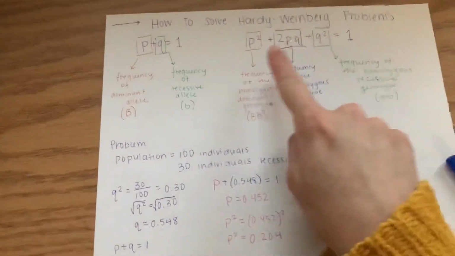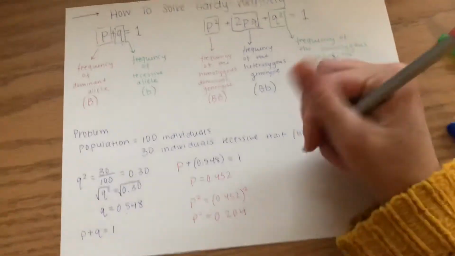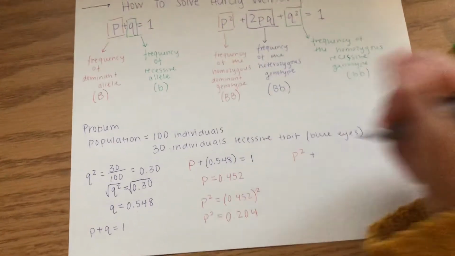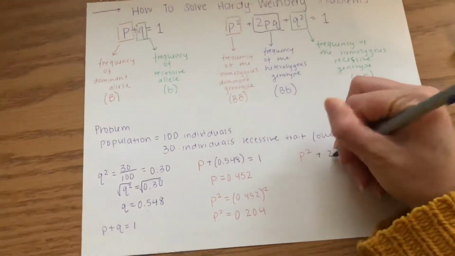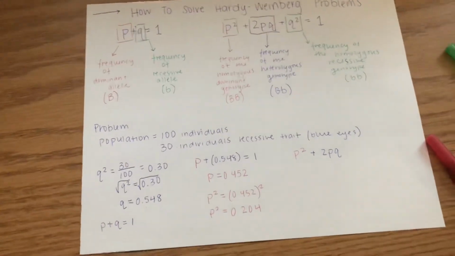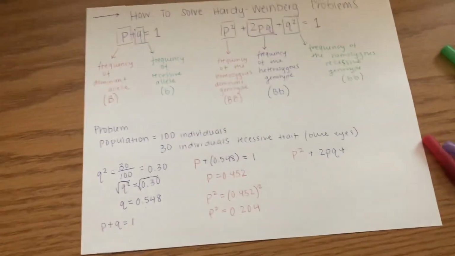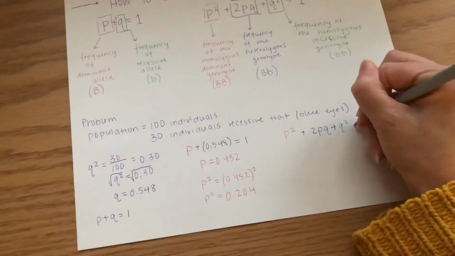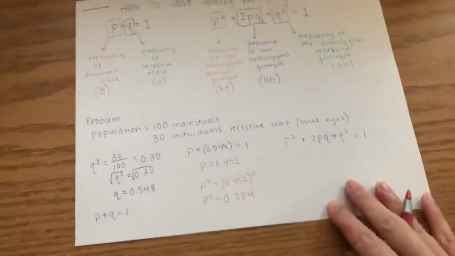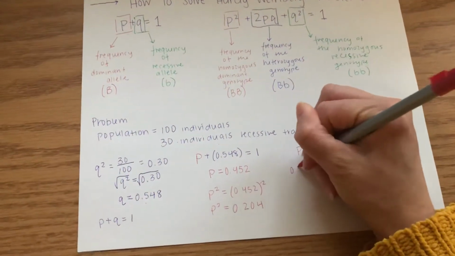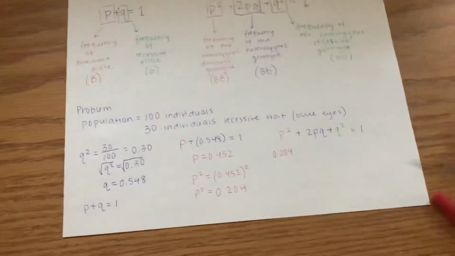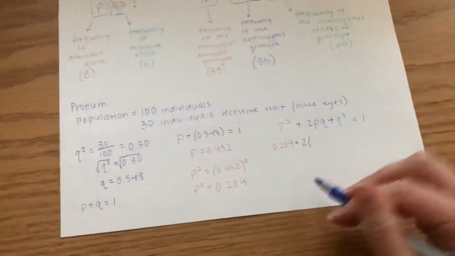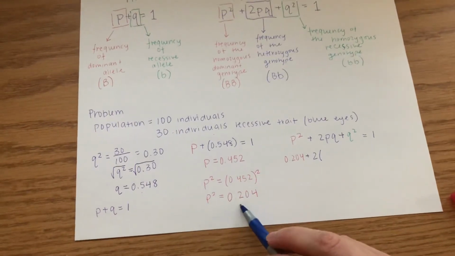So let's plug in for this equation now. So we have our P squared value, so P squared plus, and I'm just using different colors to help us see the difference, 2PQ plus Q squared equals 1. So now we can plug in the values that we got. So we have 0.204 plus, now we have 2 times our P. Now make sure we're just using the P, not the P squared.